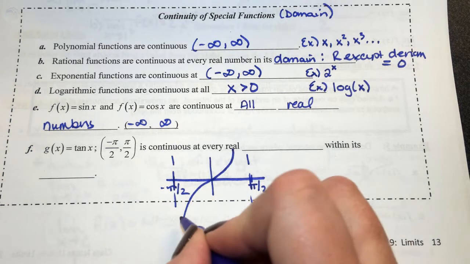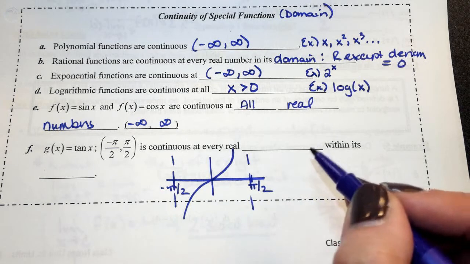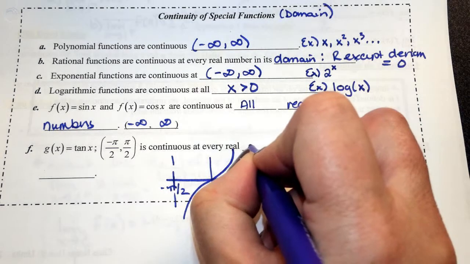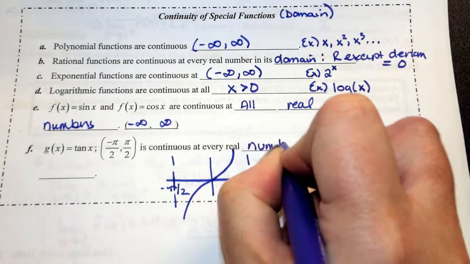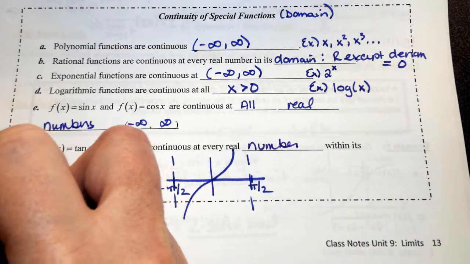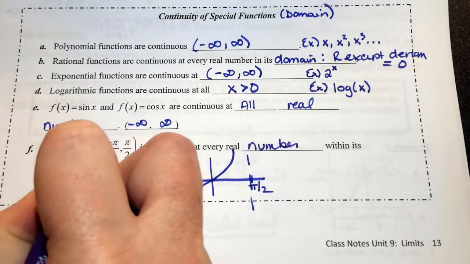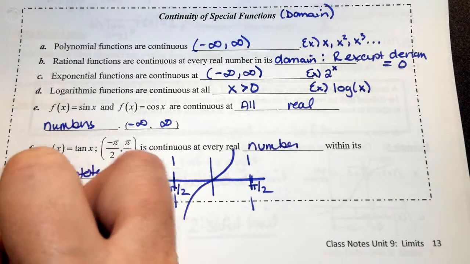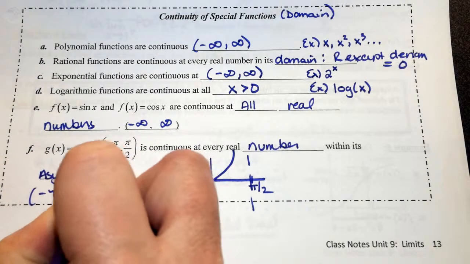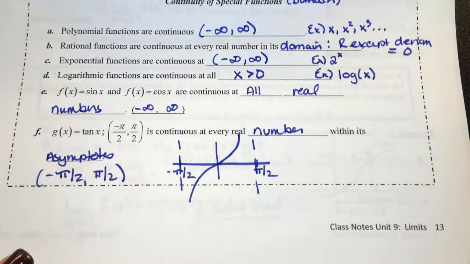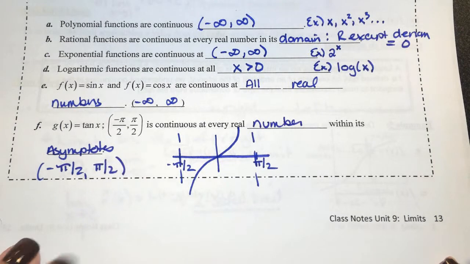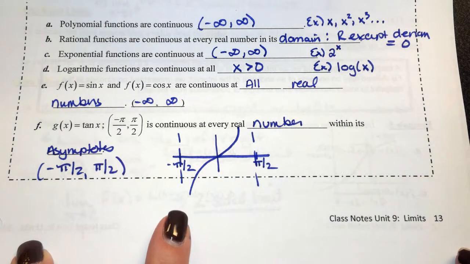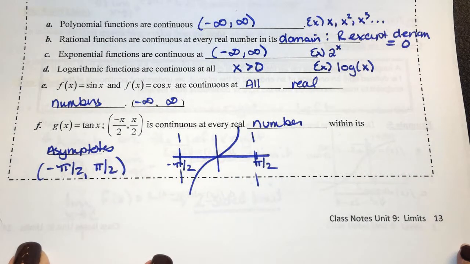So between your two vertical asymptotes, tangent is continuous at every real number within its asymptotes. So again, from negative pi over 2 to pi over 2, tangent would be continuous. So anywhere between the asymptotes, tangent would be continuous.